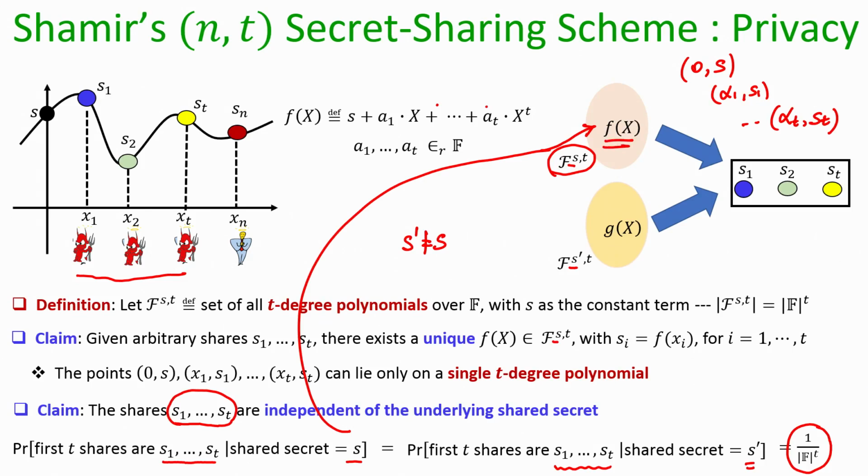In the same way, what is the probability that if the dealer wanted to share the secret S prime, it would result in the first T shares being S1 to ST?